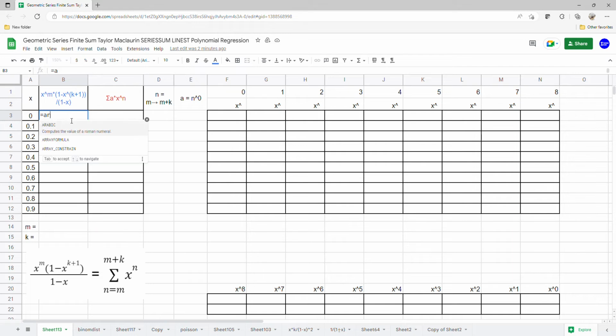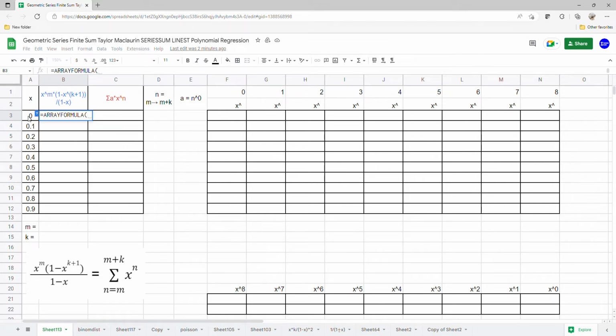So array formula of the x values raised to the power m times the quantity, that's 1 minus x to the power k plus 1.